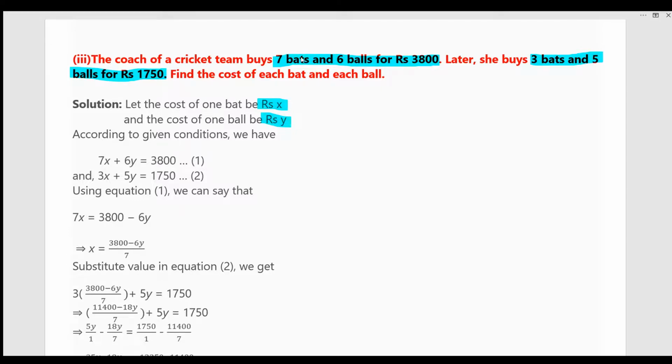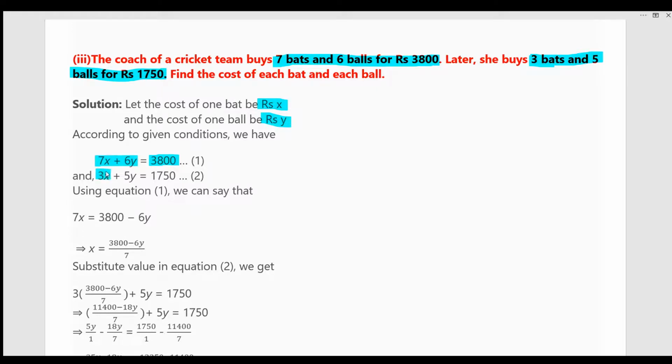Now according to my first condition, 7 bats and 6 balls. So 7x plus 6y is equal to 3,800. So this is my first linear equation. Now from the second condition, 3 bats and 5 balls for rupees 1,750.